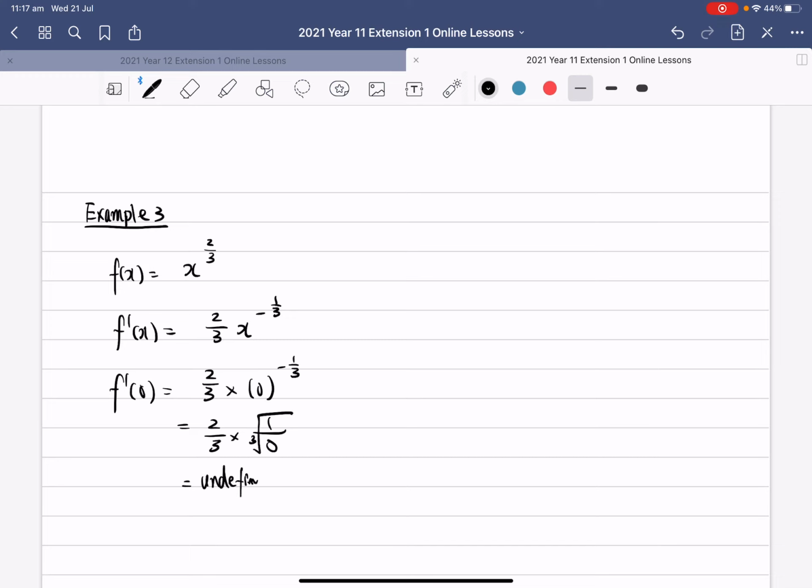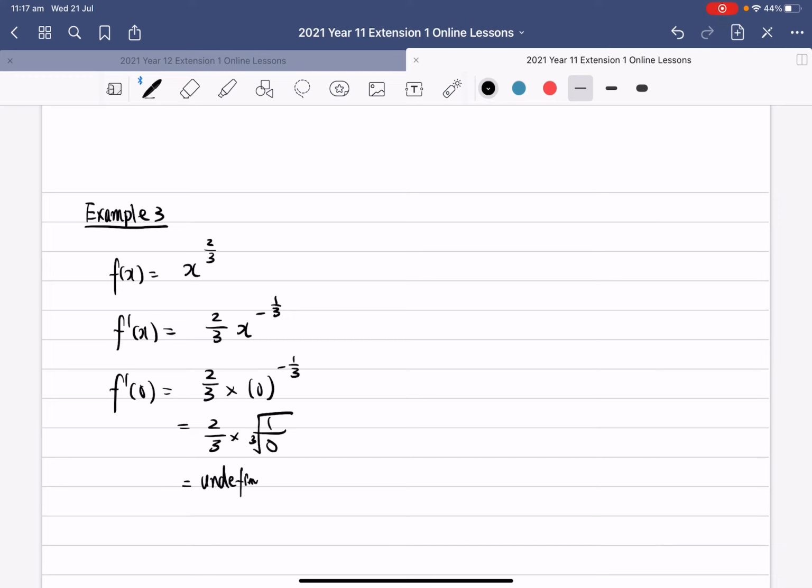So if it's undefined, it becomes infinitely steep on both sides of the origin. If you substitute a really small number into x, like when x is equal to 0.00001, you will end up with the reciprocal of a really small number, which is going to be a really large number, like 10 million or 1 million.